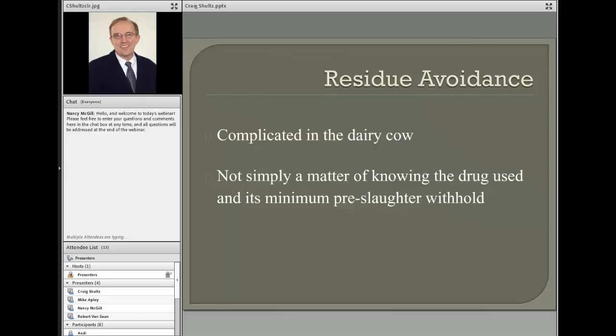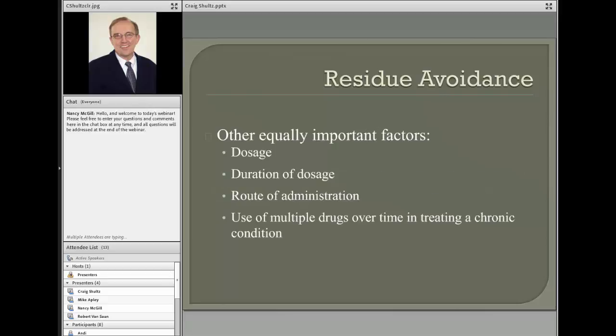So bottom line, as we're dealing with more complex disease situations in our adult dairy cattle, we've got a much greater challenge in avoidance.